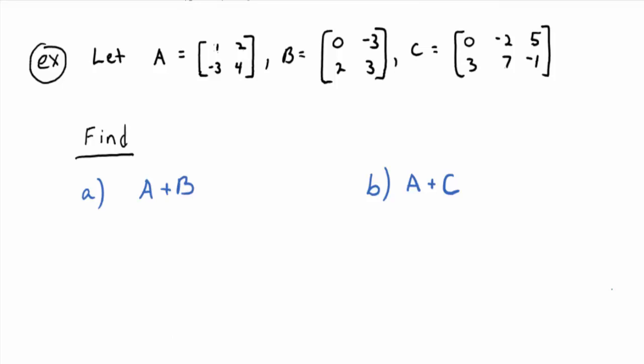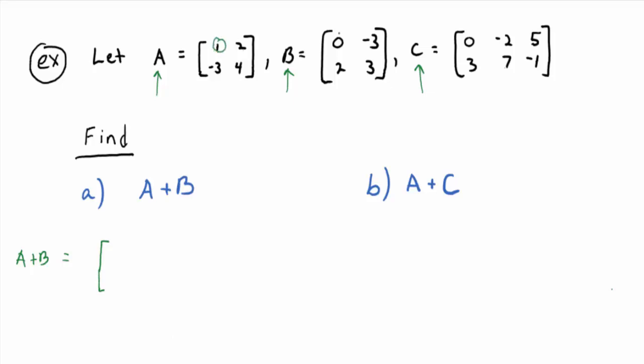So it shouldn't be a big surprise. A plus B, by the way, we use capital letters usually to represent matrices. Lowercase letters usually represent just single real numbers or a variable ranging over real numbers. Let me write this out since this is the first time we've defined it.